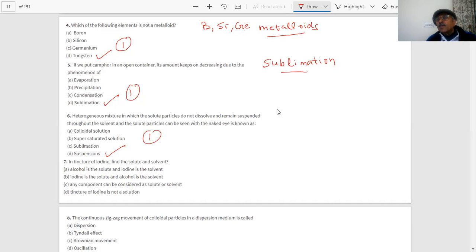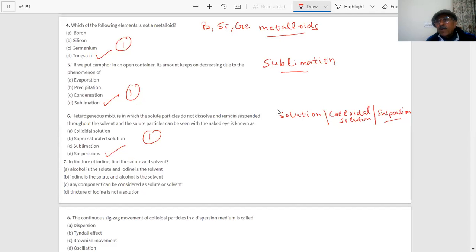So we have given a distinction between solutions, then we told colloidal solution, and we told you suspension, students, and these are the ones which have the largest size. These particles will settle down slowly and slowly, and they can be seen by the naked eye.